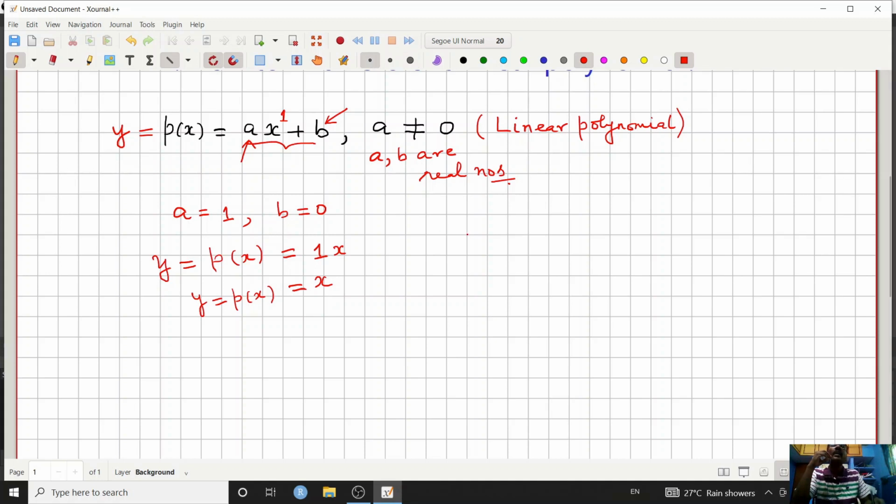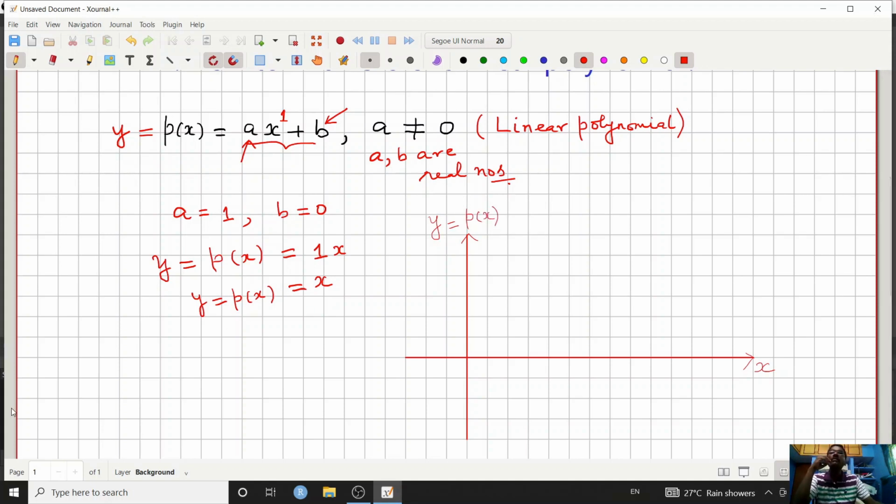You can take this to be the y-axis, and this you can take to be the x-axis. If you want, you can take this as the y-axis or you can take it to be the p of x axis. They are one and the same.